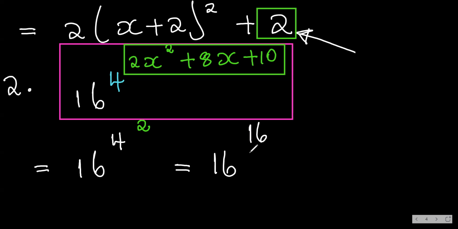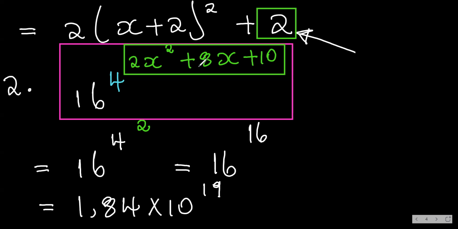Well, 4 squared will be 16. This will be the minimum value. You can still write it further and say 16 to the power 16. Well, to 2 decimal places, it will be 1.84 times 10 to the power 19. Well, that is what we say.